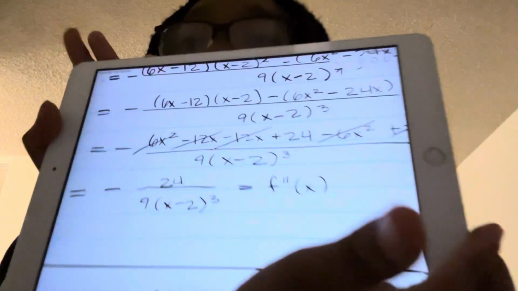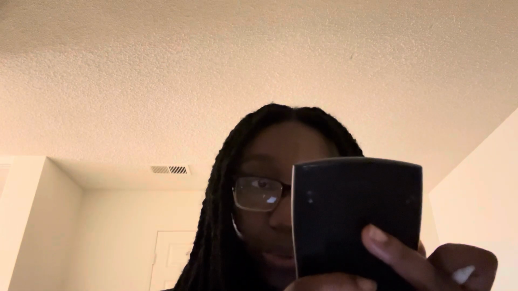So now we can do our second derivative test. This is our second derivative. Let's input 0. If we input 0 here, we have minus 24 divided by 9 times, well, 0 minus 2 is minus 2, minus 2 cubed.